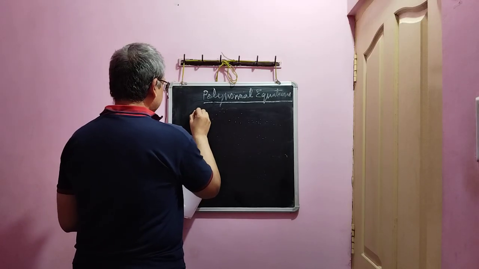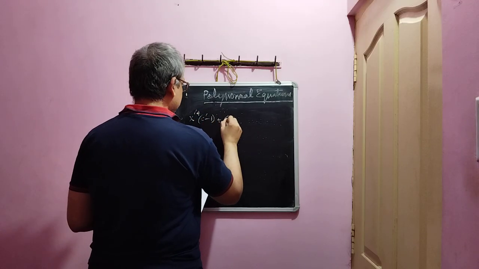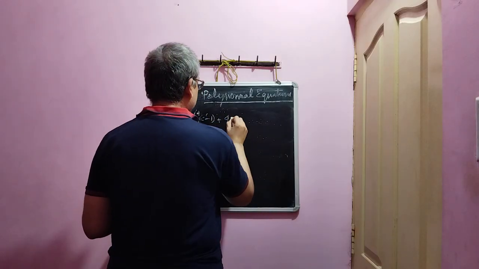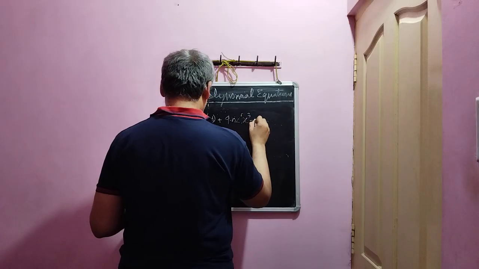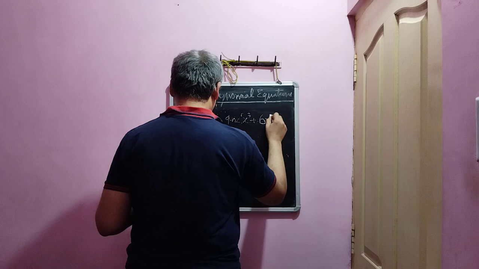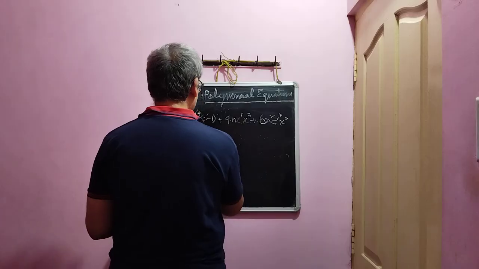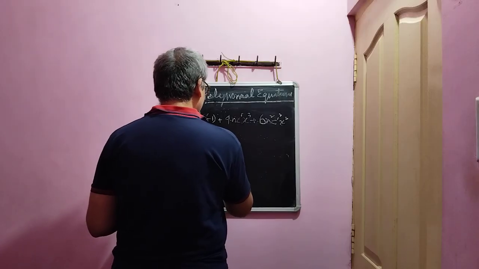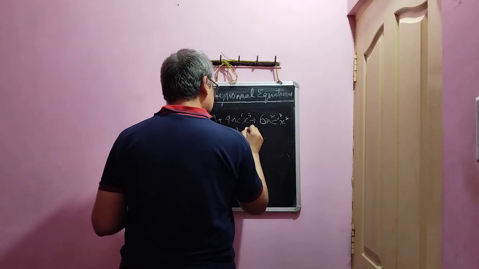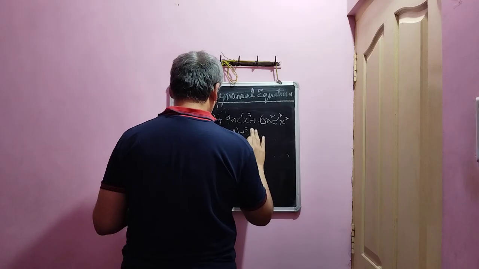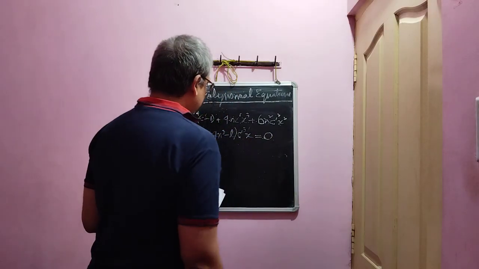Basically, we'll get x dash power 4 into c dash minus 1 plus 4n c dash x cube plus 6n square c dash square x square plus 4n cube minus L c dash cube x is equal to 0.